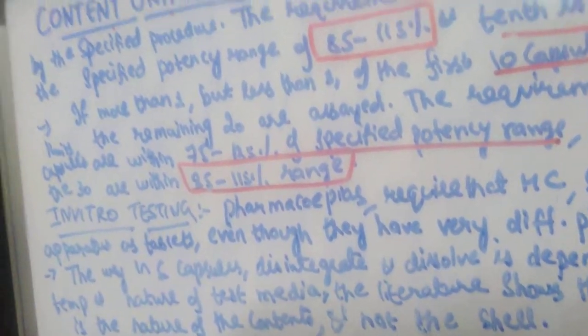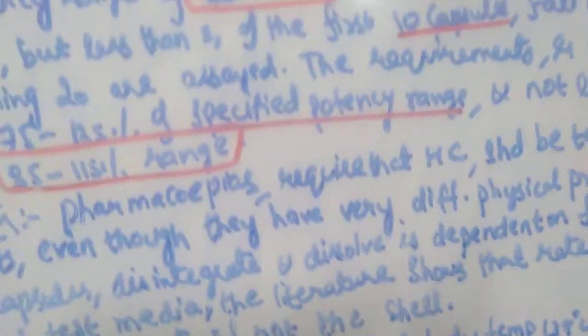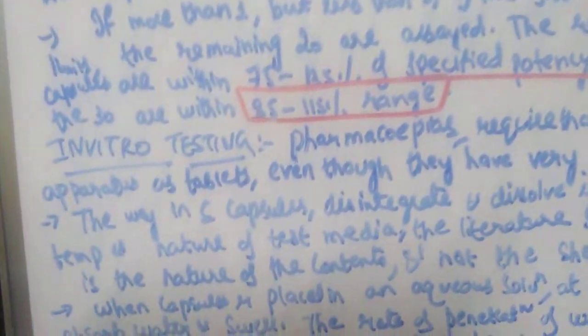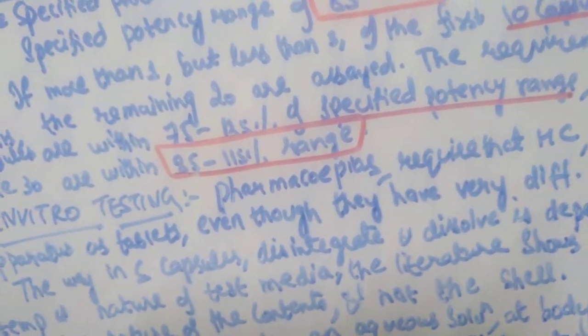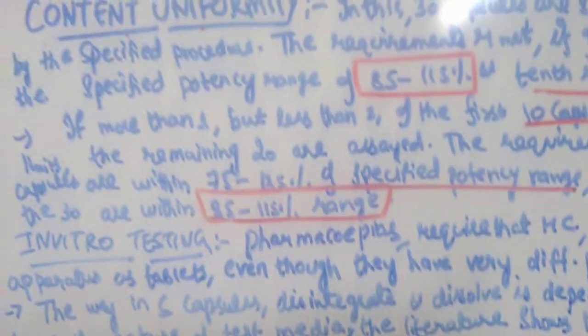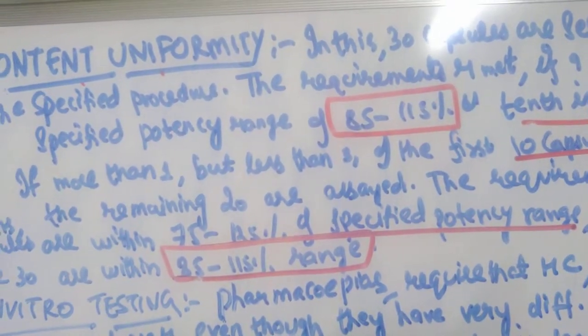You will pack the capsules in a strip or in an amber colored bottle. So whenever you are doing stability studies, you should do it for intact filled capsules and also for capsules in their packaging material. Okay, so this is content uniformity. Do refer to Lachman, and if you have any doubt you can ask me anytime.